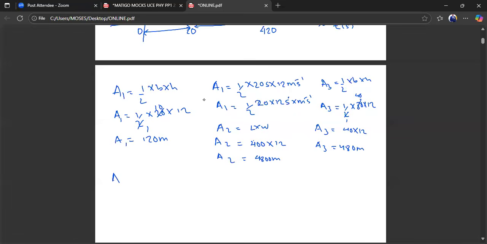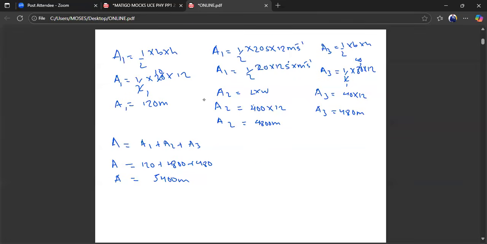Now, total area is going to be A1 plus A2 plus A3, which will give me 120 plus 4800 plus 480. I am coming up with the area as 5400 meters.